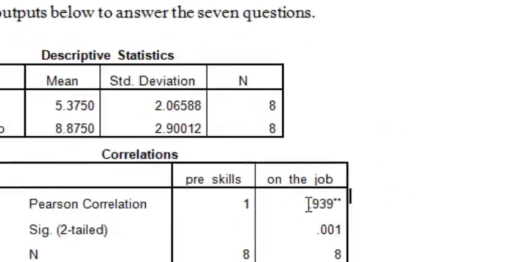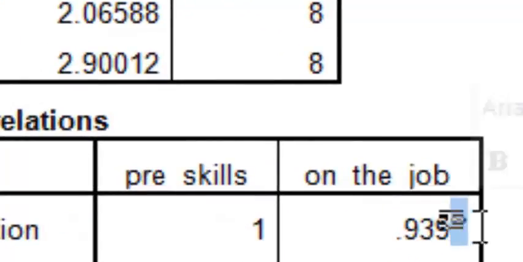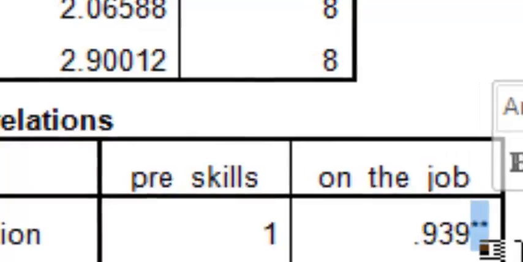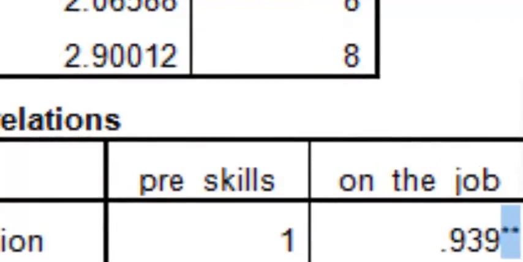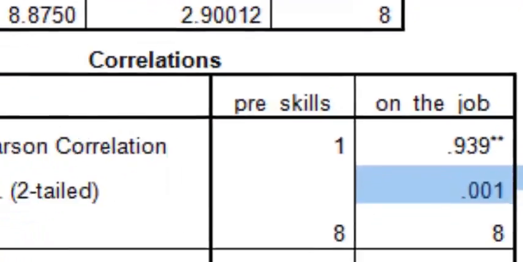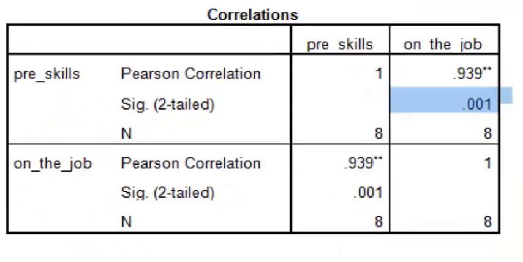Well, as we indicated before, SPSS is actually kind enough to tell you if something's statistically significant by adding those little asterisks. So we know it is, but even more important is this number, 0.001, which is less than 0.05. So we know that the correlation is statistically significant.